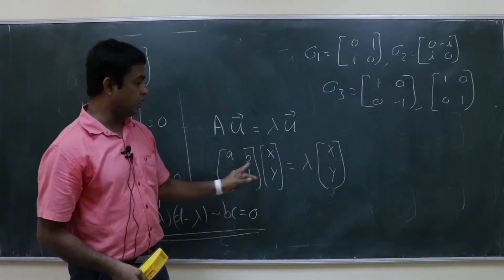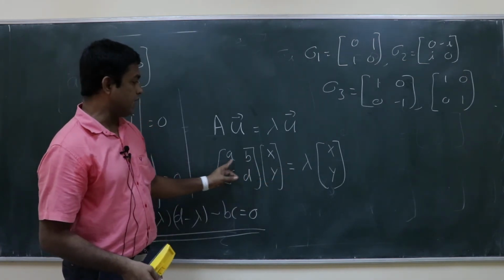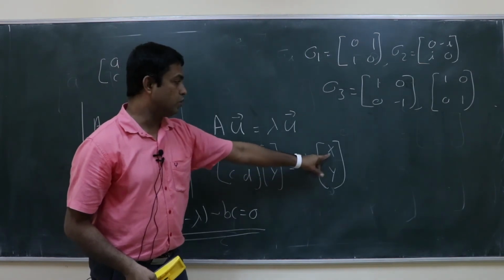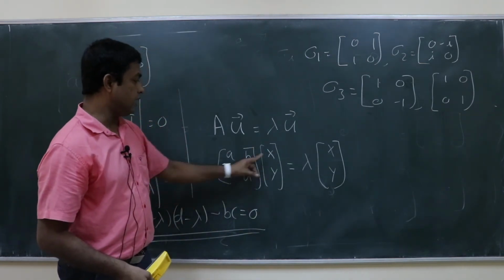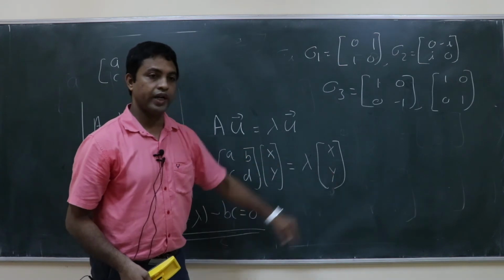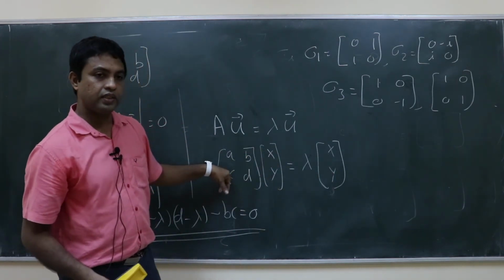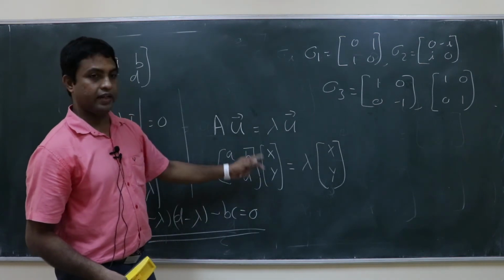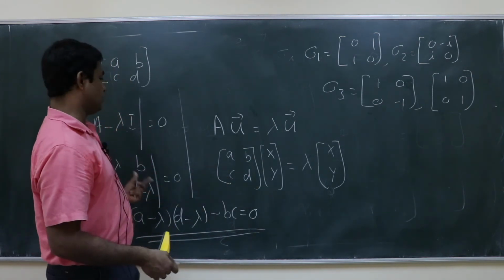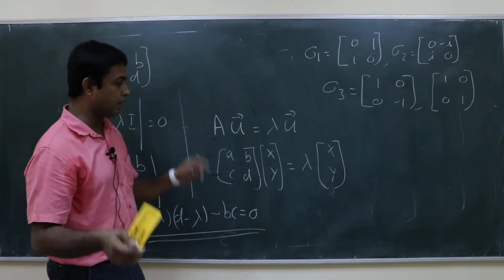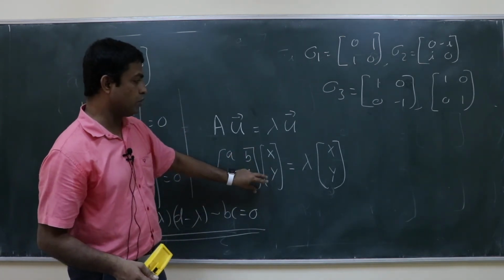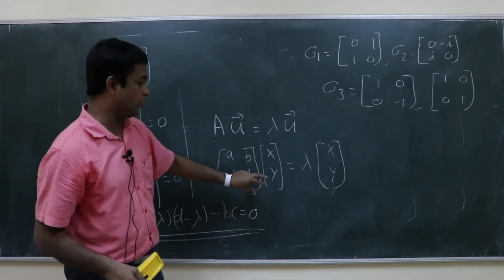You can write ax plus by equal to, suppose lambda is 1, x, then cx plus dy equal to y. If you solve that linear equation, you get x and y, right? The determinant is not 0 in general, so we can solve. There are certain cases where you may not be able to find it; that theory you will learn later.